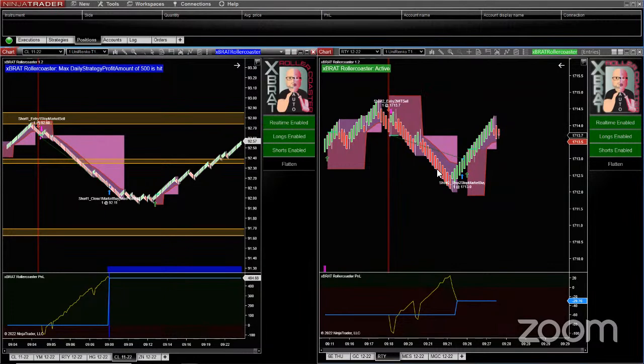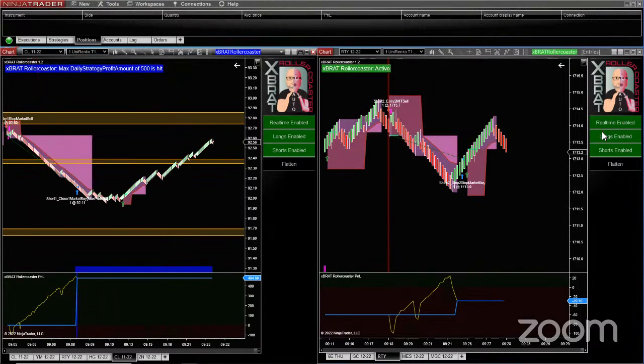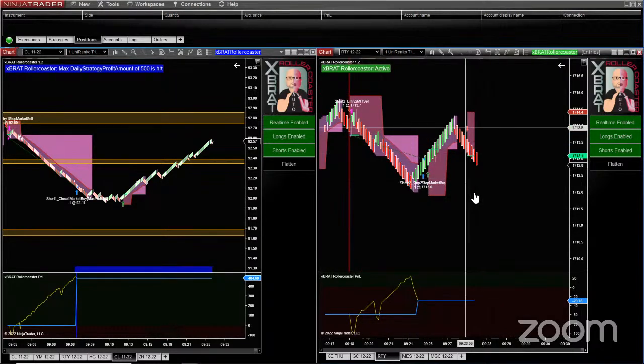You can't use the exact same strategy on micros that you can on E-minis. And again, I think you start to understand the groove when you're watching these types of trades. Okay, we've got the open very, very soon. So again, this is above 14 ticks.